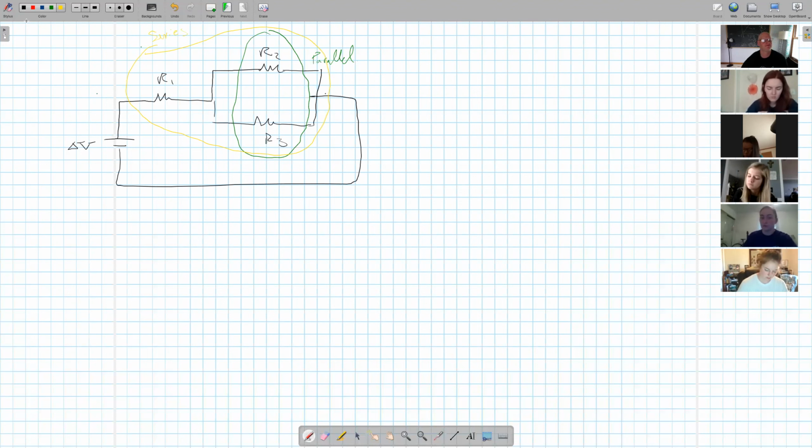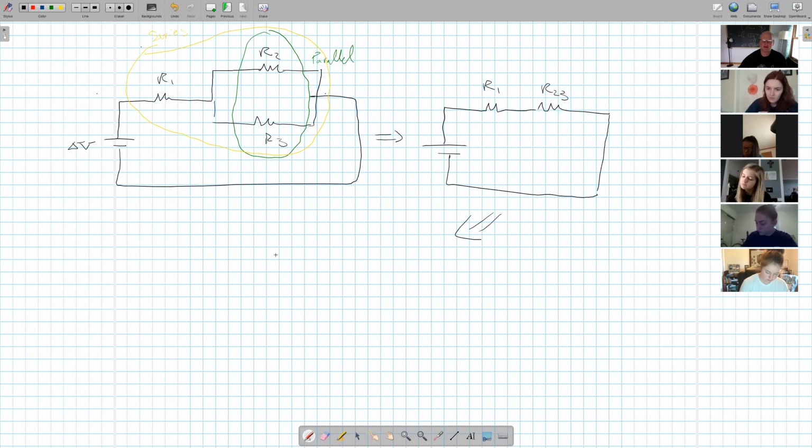So first we collapse R2 and R3 into an equivalent resistor, so this is now R1, in series with R23, the equivalent resistor of R2 and R3. Since R1 is in series with R23, we collapse these two down into finally our equivalent resistor, which is REQ.